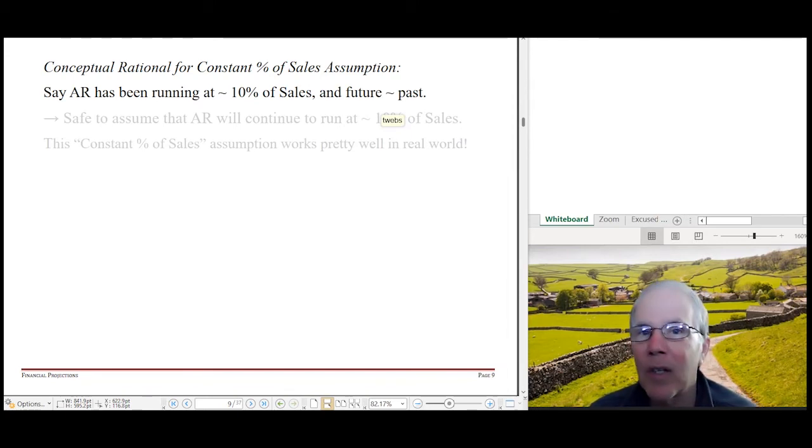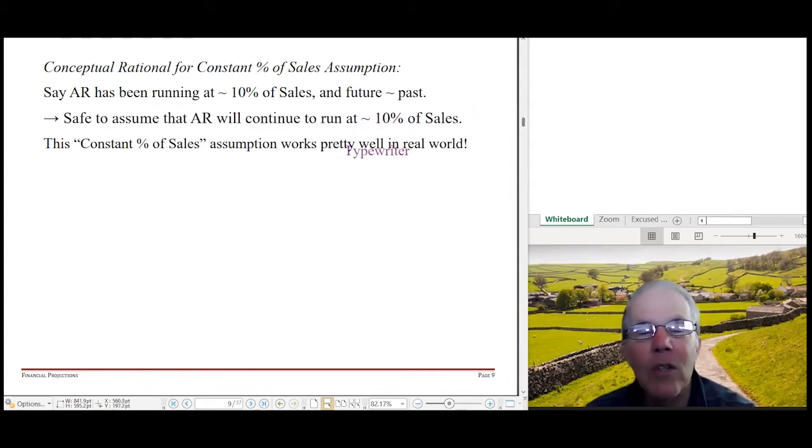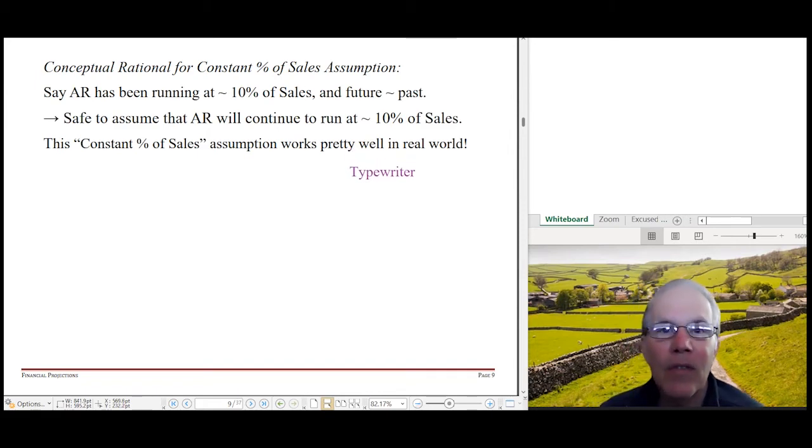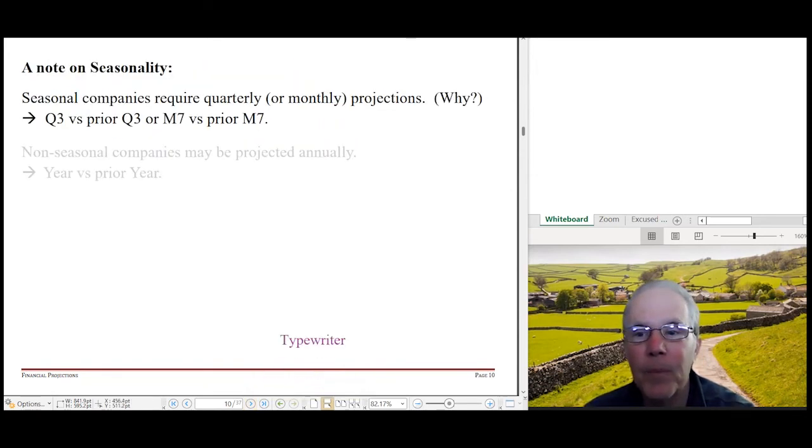There's no disruption in the industry. Well, if accounts receivable has been running at about 10% of sales for the past 3 years, it's safe to assume, in lieu of a big disruptive force, that that will be true in the next year. And again, empirically, we do find that this assumption works very well in the real world. So that's our third way to project when the first 2 don't apply.